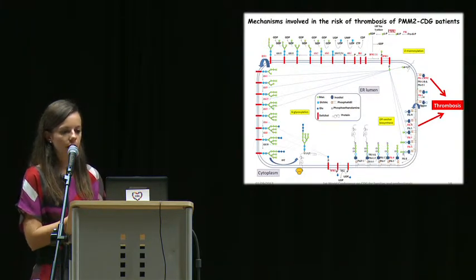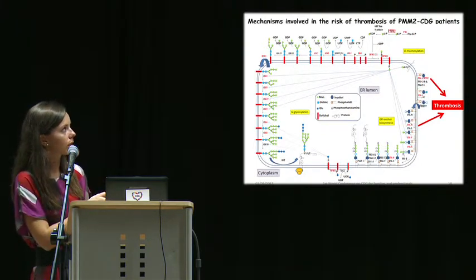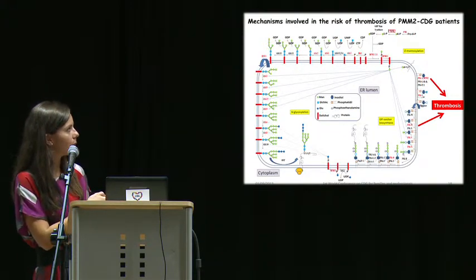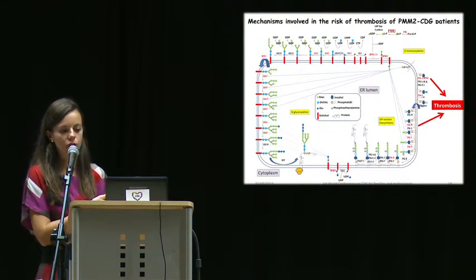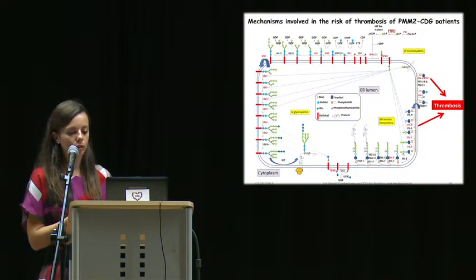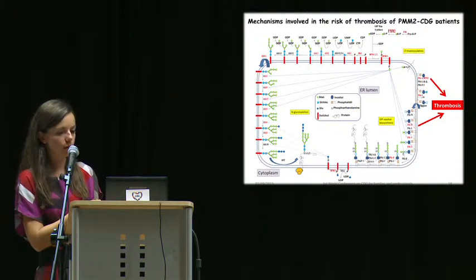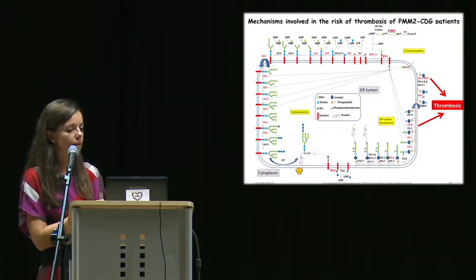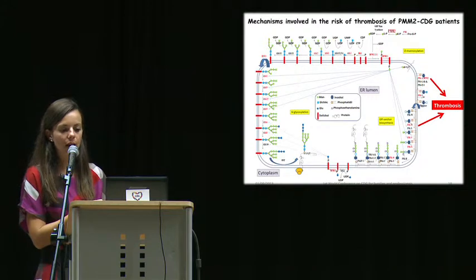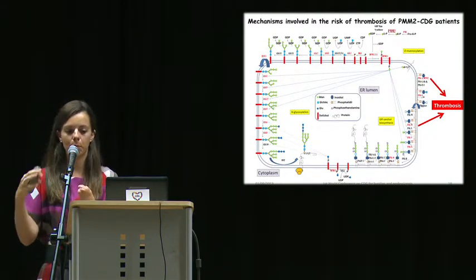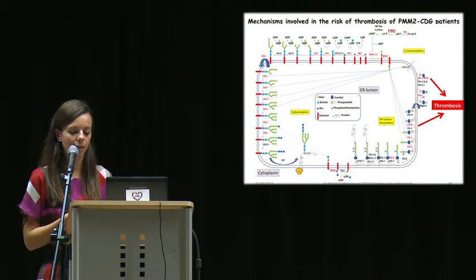And as you know, in PMM2-CDG, the PMM2 enzyme is impaired, and of course, this impairs the N-glycosylation pathway. But on the other hand, there is another pathway that is also involved, that is the biosynthesis of the GPI anchor, a lipid that anchors some proteins to the cell membrane.